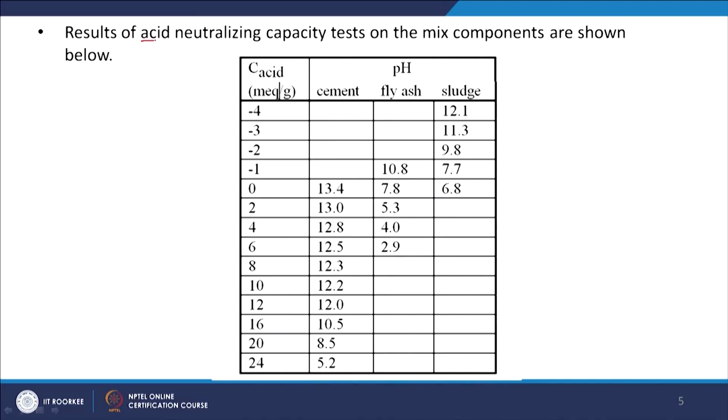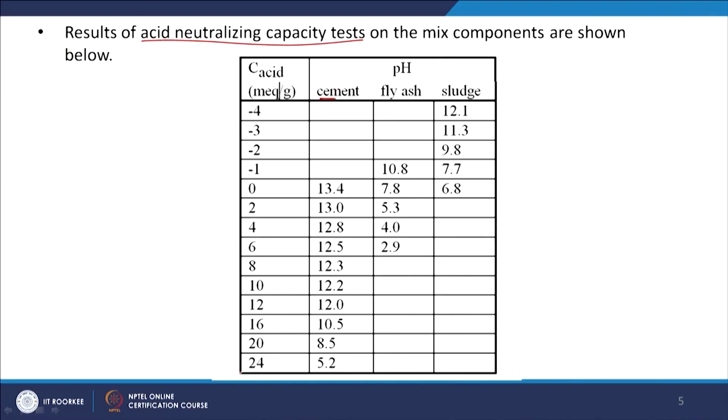So obviously we have the acid neutralizing capacity test, right. Again, this can be presented either in the form of a graph or in the form of a table as we have now. So what is it that we are going to look at? As you add an acid, you are going to decrease the pH, and it will give you an idea about the acid neutralizing capacity. So for cement, we have data at different pH, right.